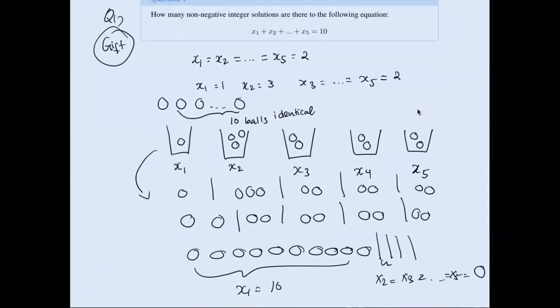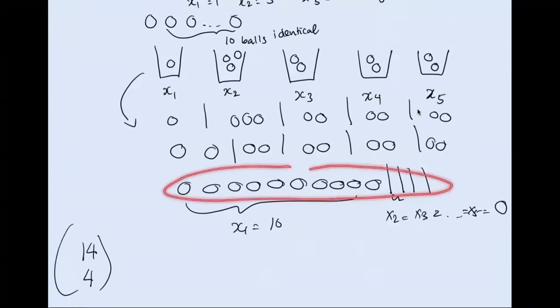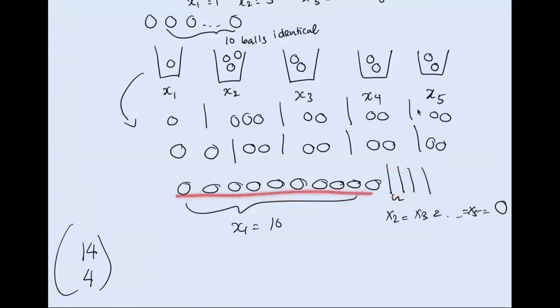I'm getting an answer from a student here: 14 choose 4. Yes, that makes sense, because the number of ways that you can arrange these objects is this: you have 10 balls, right? And then you have 4 dividers, which means you have 14 objects in total.